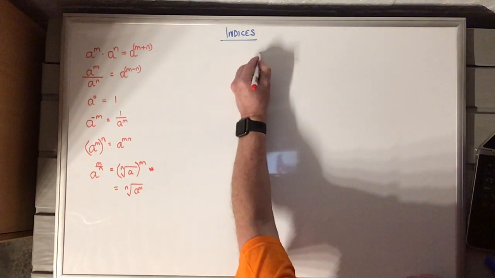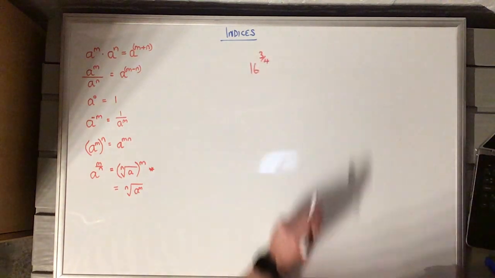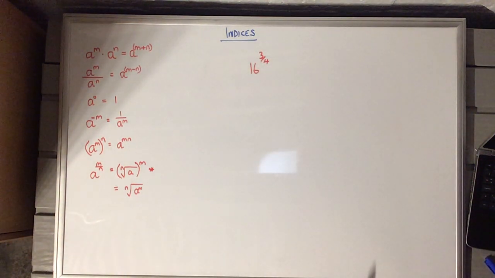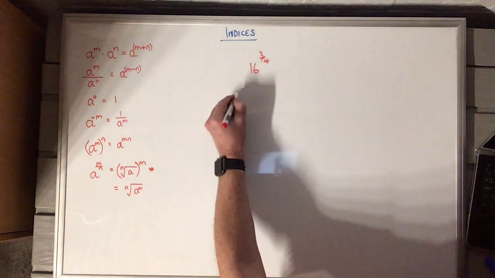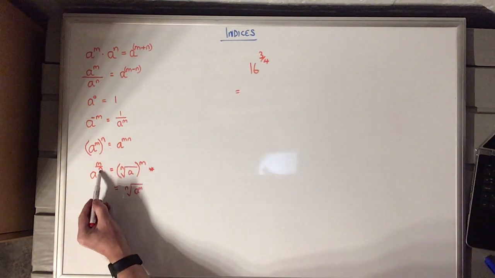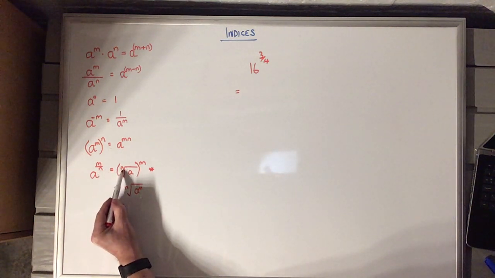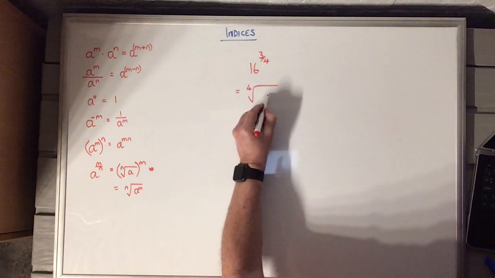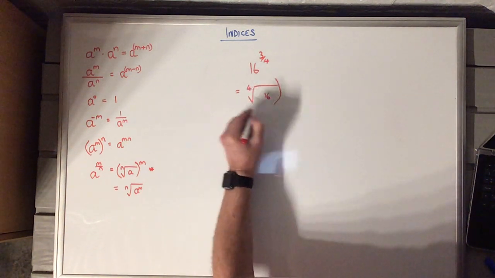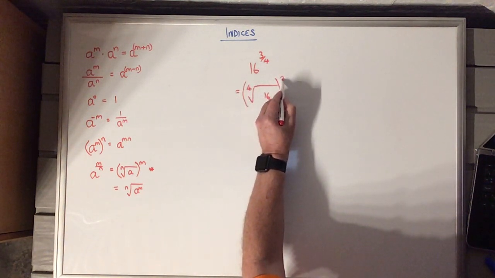16 to the power 3/4. So that's back to the bottom rule here. So we can write that as the bottom part of the fraction is the root. So that's the 4th root of 16 all to the power 3.